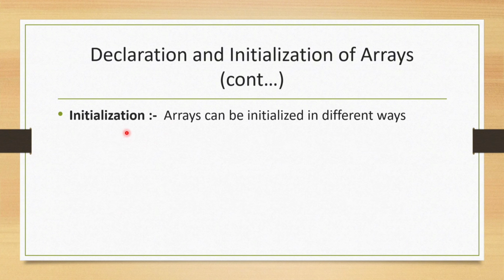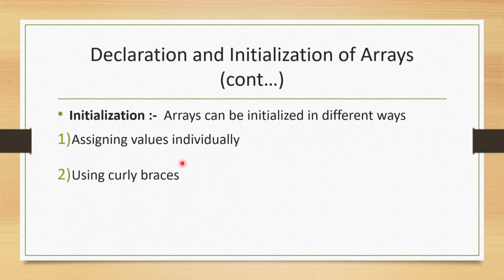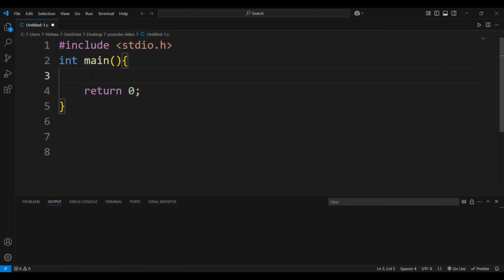Next we have initialization. Arrays can be initialized in different ways: assigning values individually, or using curly braces. Let us see this with one example. First we will see declaration of an array, where we will give data type and array name. In square brackets we will give the size of the array.